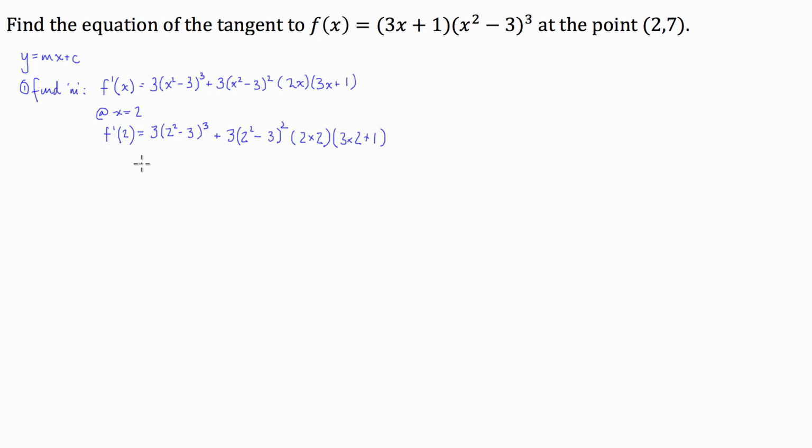So this is just a little bit of arithmetic now. 2 squared is 4, minus 3 is 1, cubed is still 1, times 3 we have 3. And we're going to add that to 2 squared is 4, take 3 is 1 again, squared is still 1, times 3 is 3. Now we have 3 times 4, and then 3 times 2 is 6, plus 1 is 7.